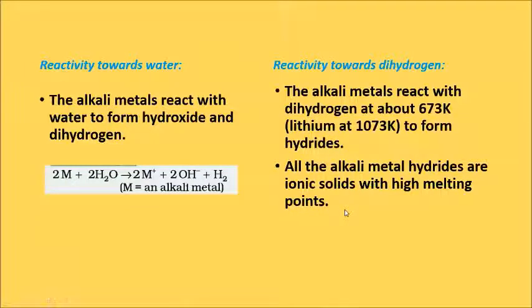If we represent in the general form, we write the equation as 2M plus H2 gives 2M plus H minus. If we take sodium, 2Na plus H2 gives 2NaH. That is what we call sodium hydride. So like this we can write the reaction with dihydrogen.